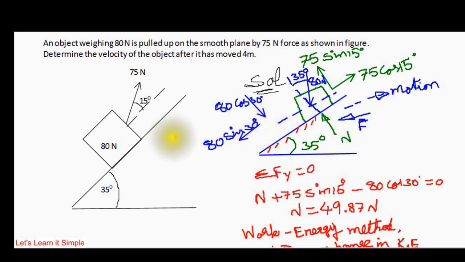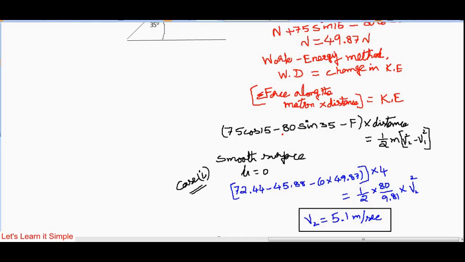These are the three forces: 75 cos 15, 80 sin 30 and F, out of which 75 cos 15 is positive and the rest of the two are negative. The net force along the direction of motion, that is 75 cos 15 minus 80 sin 35 minus F, into distance traveled is equal to half m (v2 square minus v1 square).